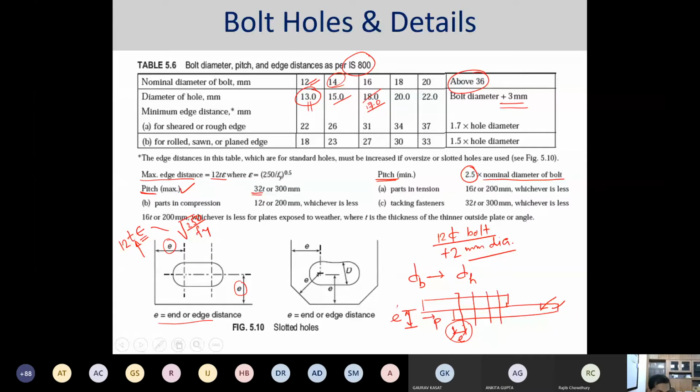Another question comes. Mehul, is it not the end distance along the direction of the applied force? Since in the printed figure, it is shown that way. Are you considering this figure, Mehul, or the other figure, the next one?